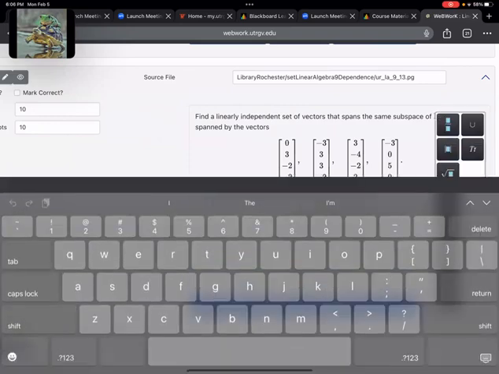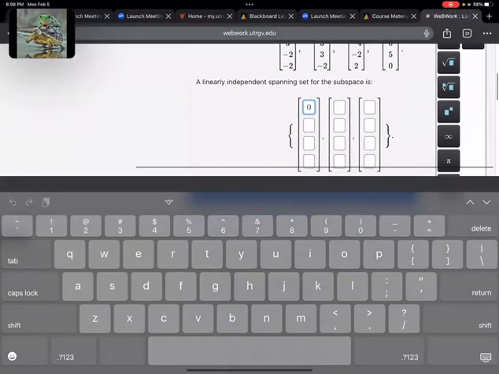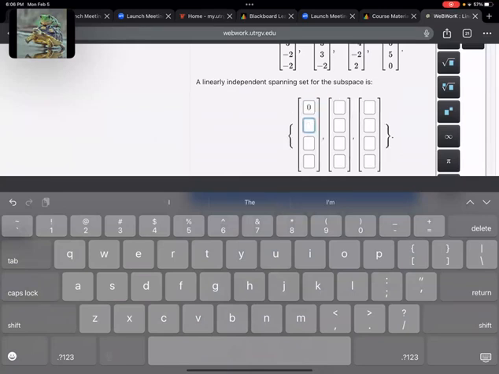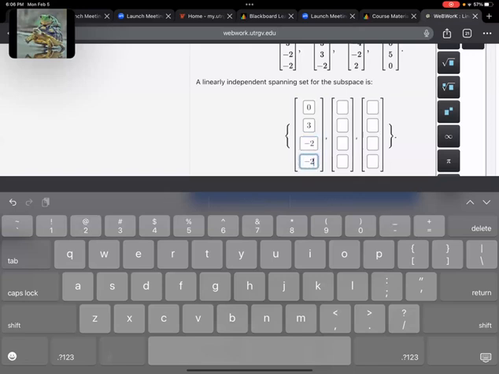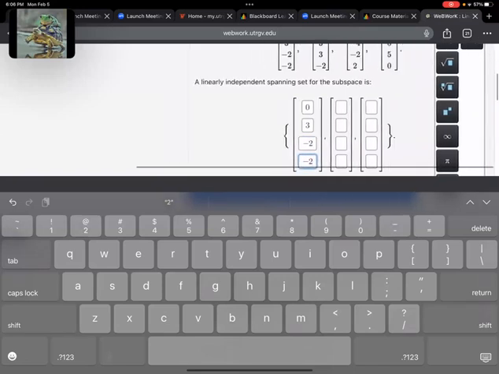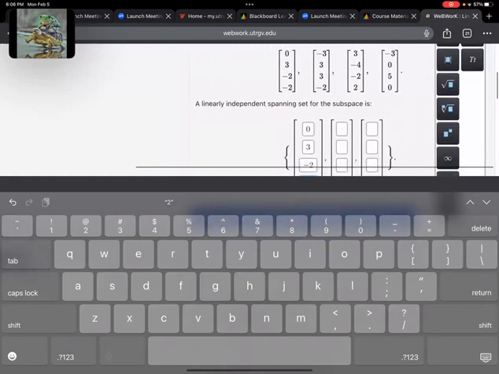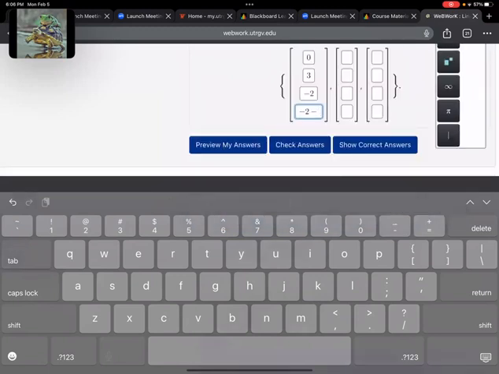So we can try. 0, 0, 3, minus 2, then minus 2. I try to save you time so you don't spend all the time doing those things, so you have intuition. So let's try minus 3, minus 3. Yeah, it looks good. Minus 3.